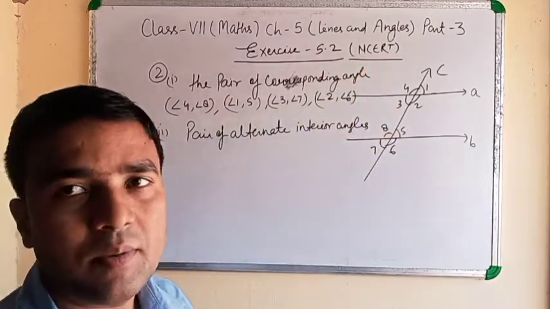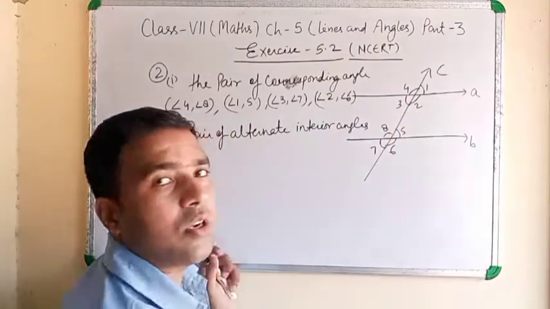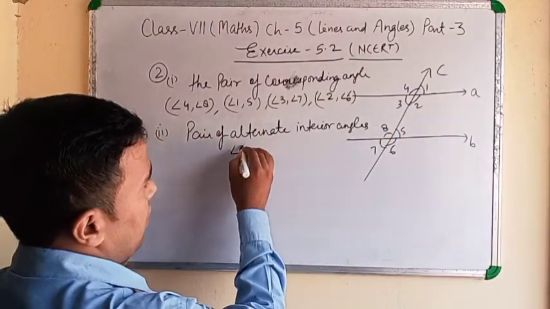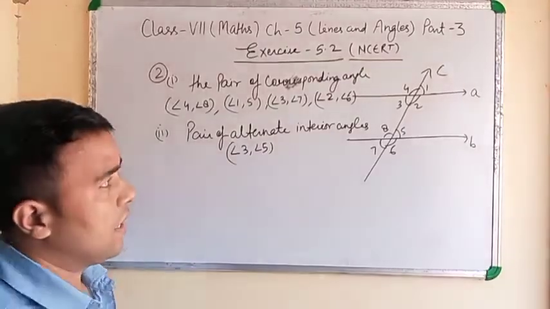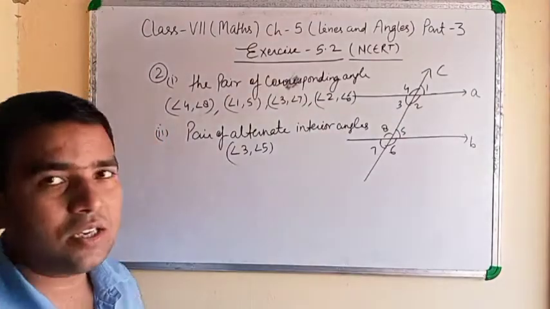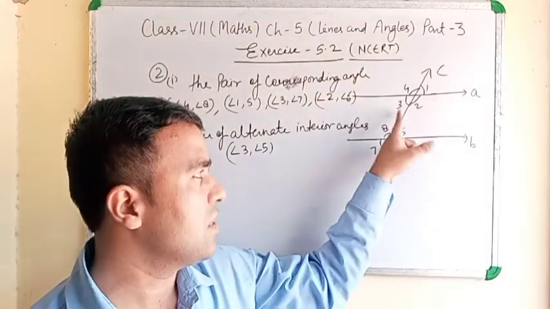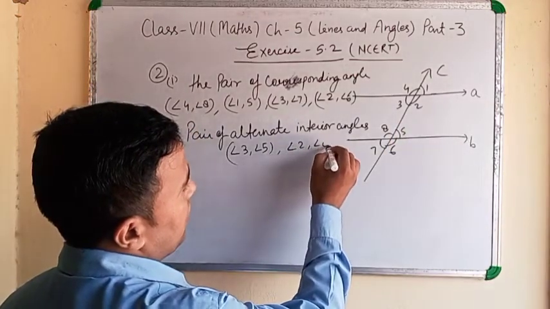Alternate means angle 3 and angle 5, angle 2 and angle 8. Clear? Not angle 3 and 8. Alternate interior angle means angle 3 and angle 5, clear? And the second is angle 2 and angle 8. Clear?